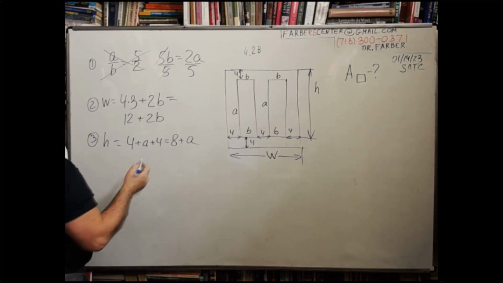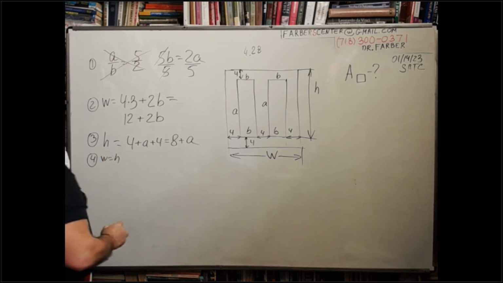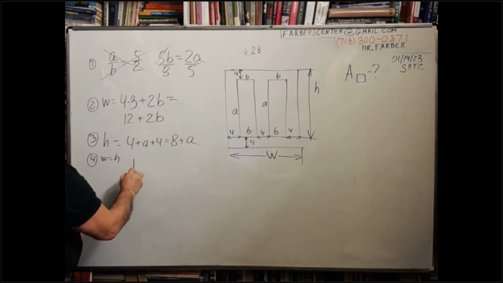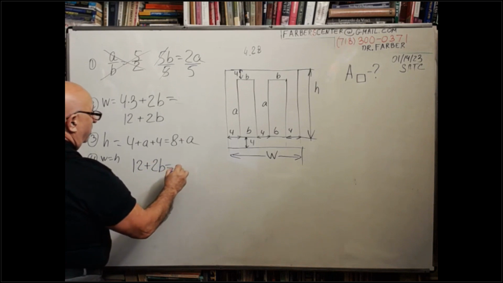But this is a square. In a square, W equals height. And you can write 12 plus 2b equals 8 plus 8.